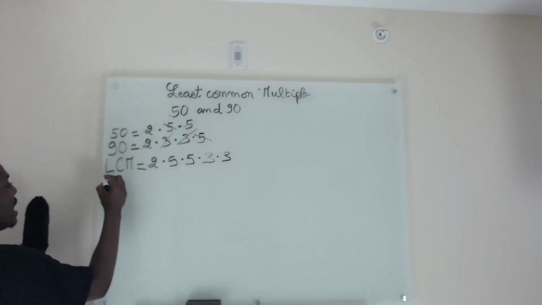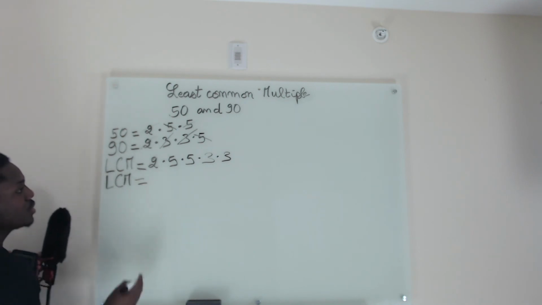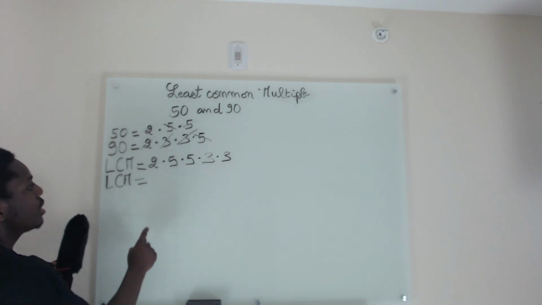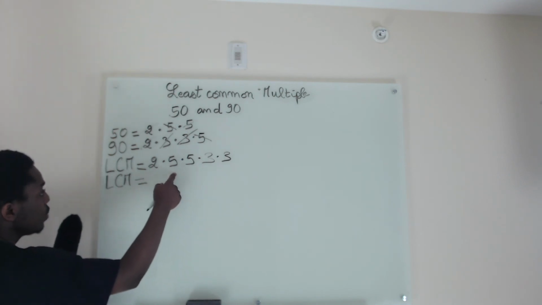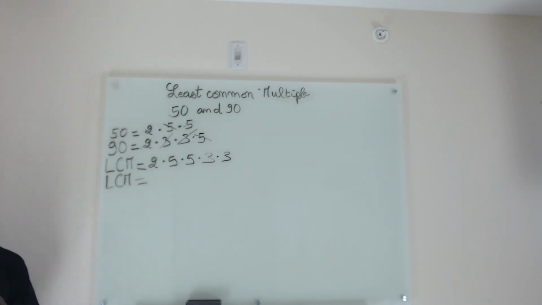So now the LCM is equal to, so 2 times 5, which is 10, and 10 times 5, which is 50. So 50 times 3, which is 150.